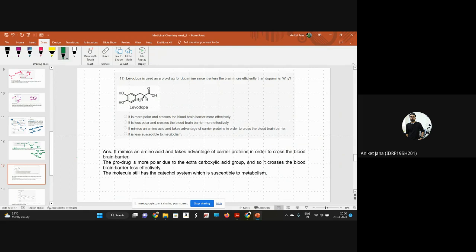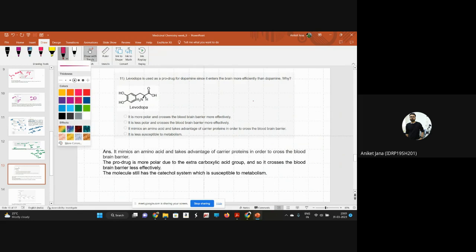Can anybody tell me what dopamine is? Hormone. It is a neurotransmitter. This is very important to keep the neural connections.